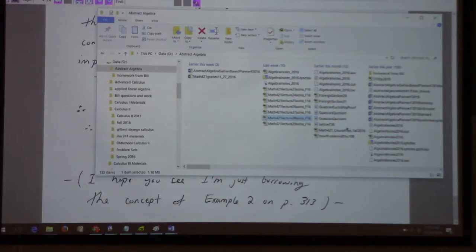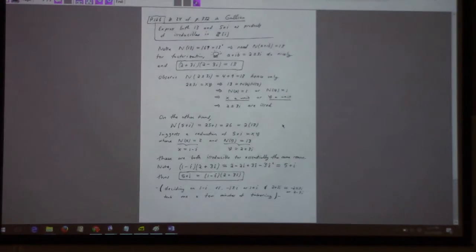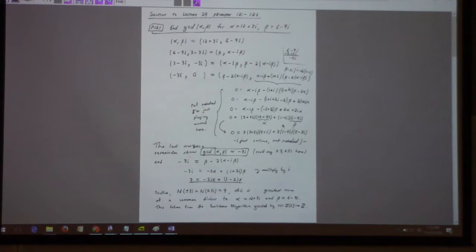Where are we? And finally, this is problem 121. So I just ran the division algorithm for 12 plus 3i and 6 minus 9i. And after, yeah.